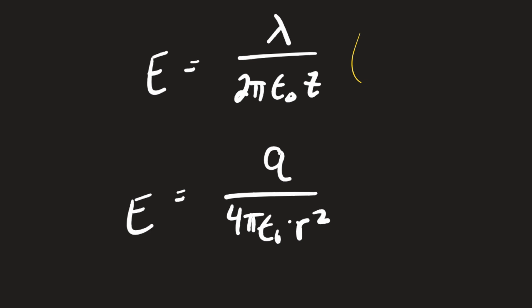Remember that I have to keep emphasizing that if it's an actual bar, as long as we're really close compared to its length, we get this structure for the electric field. As soon as that's not true, this isn't true any longer either. We would have a more complicated expression for the electric field, but we wouldn't be able to use Gauss's law for that. Gauss's law is kind of designed for these kinds of situations.